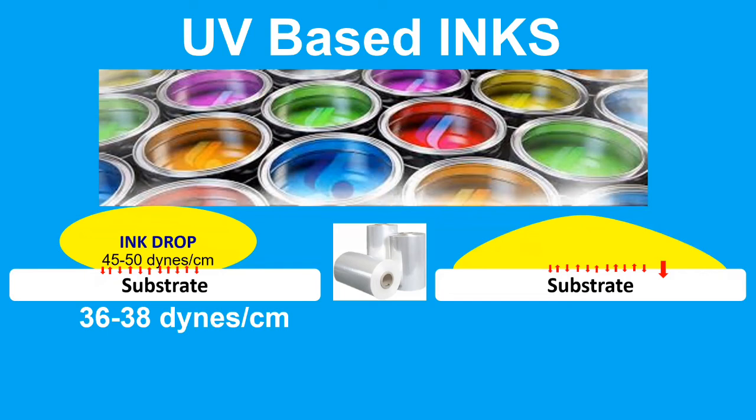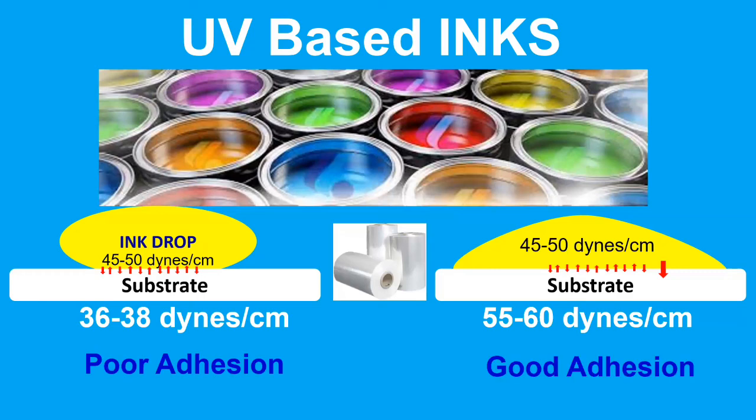But on the other side, if we are using UV inks with 45 to 50 dynes per centimeter, and the substrate we are using for UV-based ink printing possesses 55 to 60 dynes per centimeter surface energy, then definitely we will have perfect ink adhesion, fantastic ink adhesion.